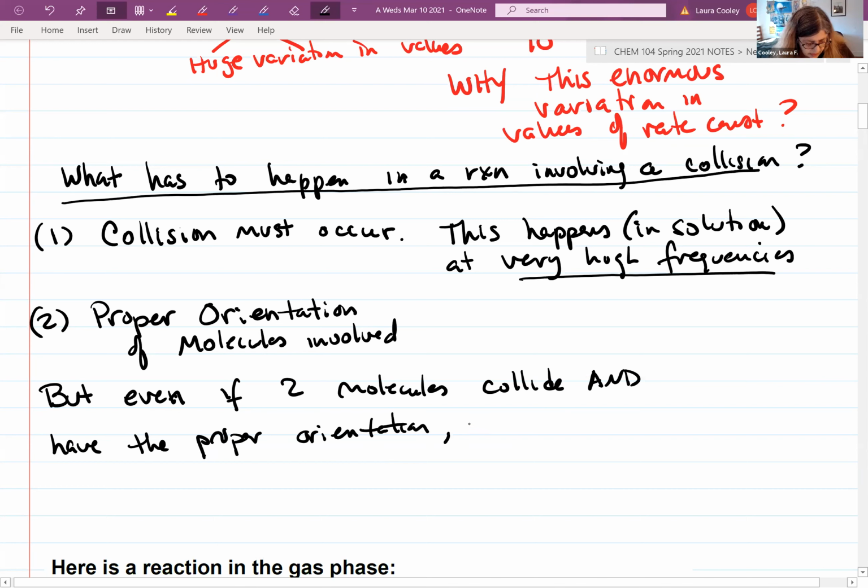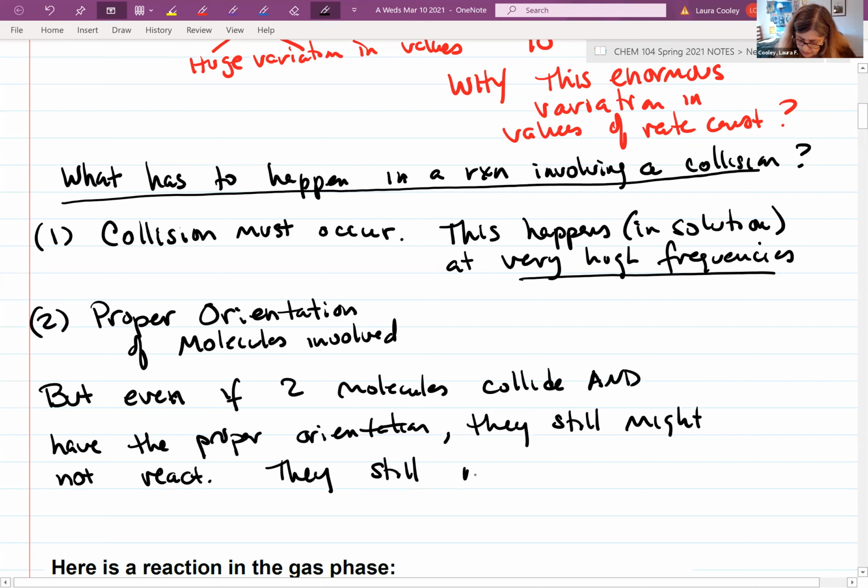They still need something else. They still need this number 3. It's called the activation energy.